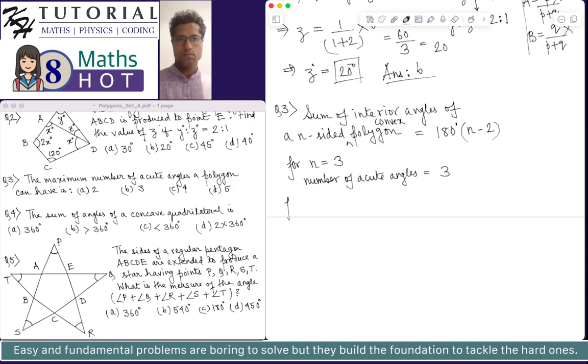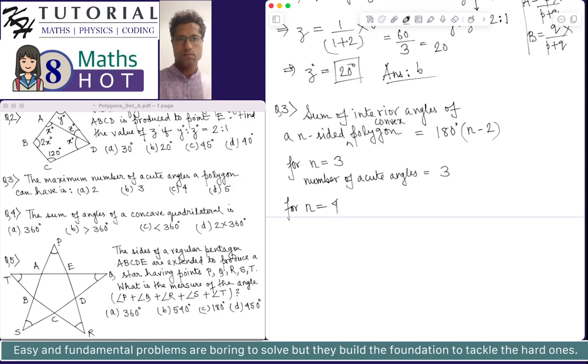Now, I am just trying to see what the maximum number of acute angles can be, considering a specific value of n, the number of sides. So for n equals 4, which is a quadrilateral, what can be the maximum number of acute angles?